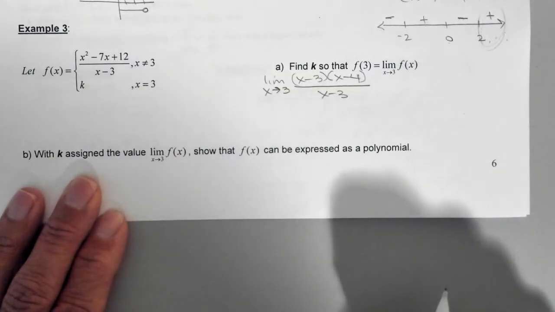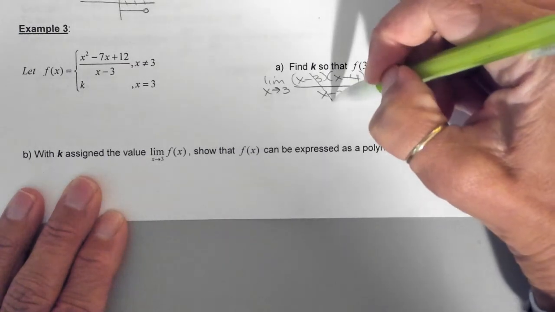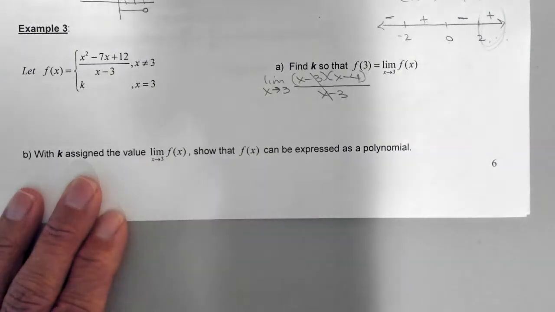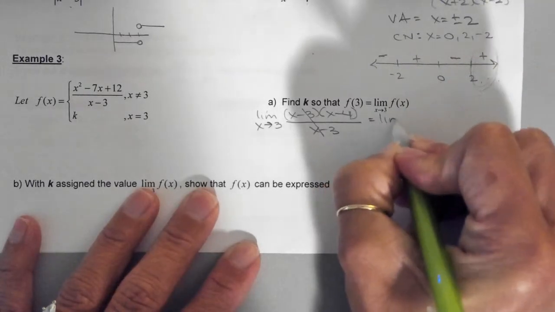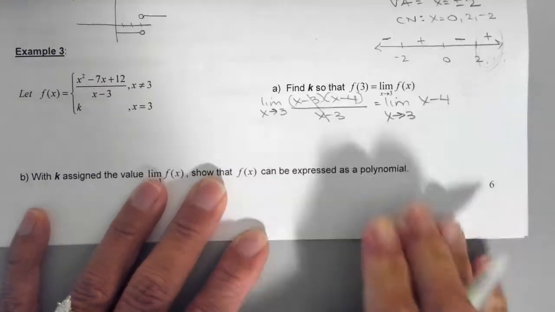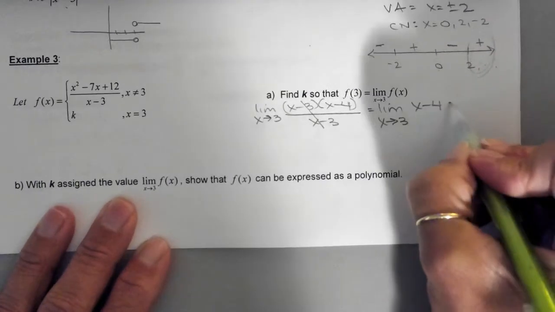Yep, I got a hole in the function. So if I cancel this out, because remember holes are removable discontinuity, I can remove them because they cancel each other out, I now have the limit as x approaches 3 of x minus 4. Can I use direct substitution? Yeah.